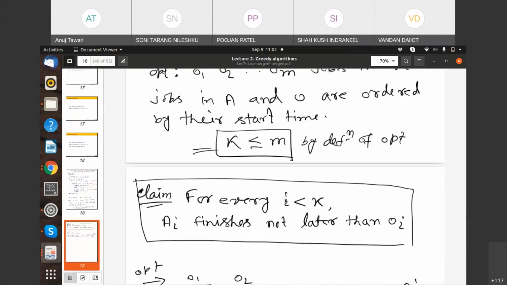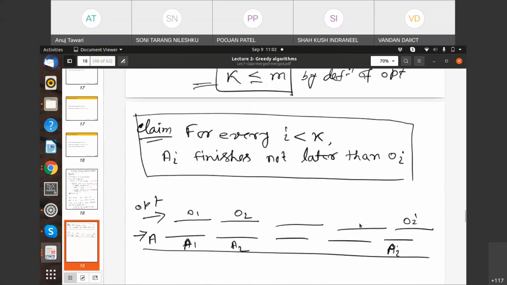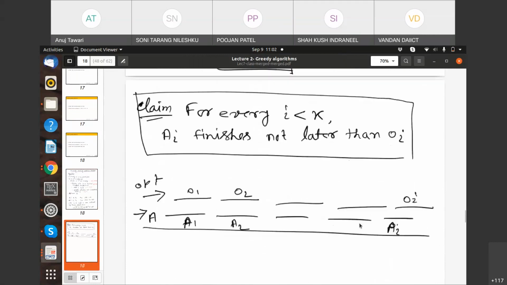We will prove this using the specific property of our greedy algorithm. For every i less than or equal to K, Ai finishes not later than Oi. Why is this the case? Because we sorted the jobs by finish time. The smallest finish time comes first, then the next, and then the next, and so on.